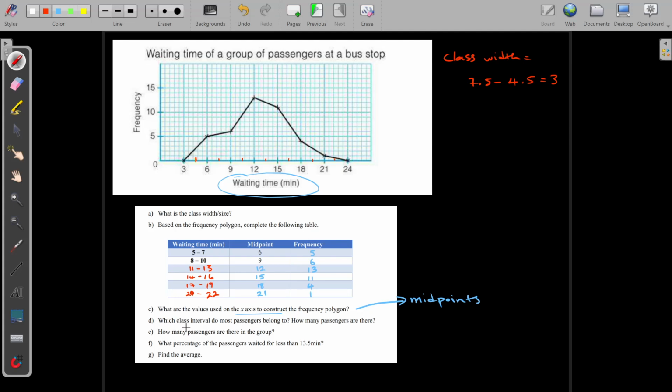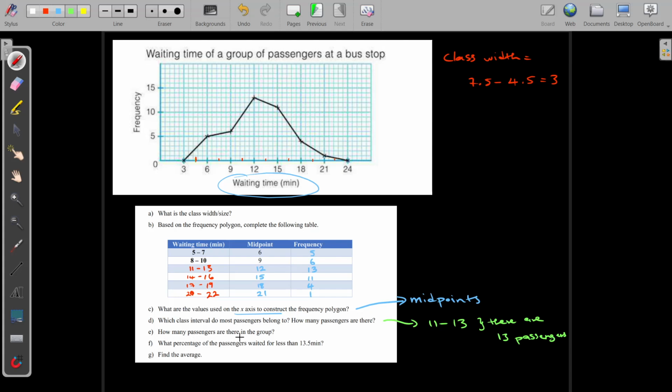So now, which class interval do most passengers belong to? That's just looking at the frequency. The one with the highest frequency would be that, so it's 11 to 13, and there are 13 passengers.